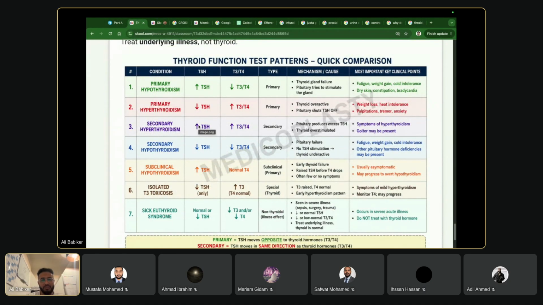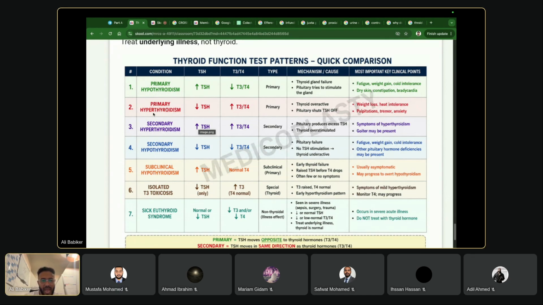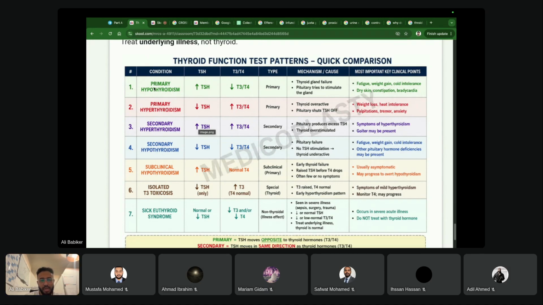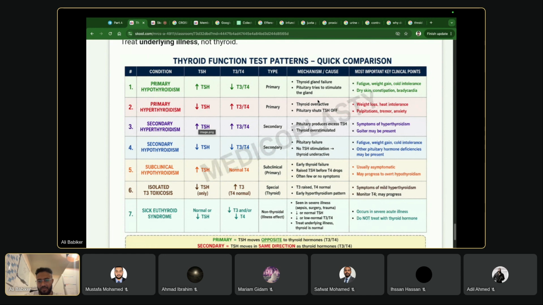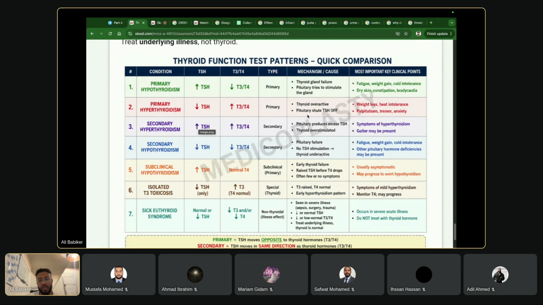Primary hyperthyroidism, meaning that this is the opposite of primary hypothyroidism. The thyroid gland is active more than it should be. When the thyroid is overactive, the pituitary will reduce the supply of TSH.